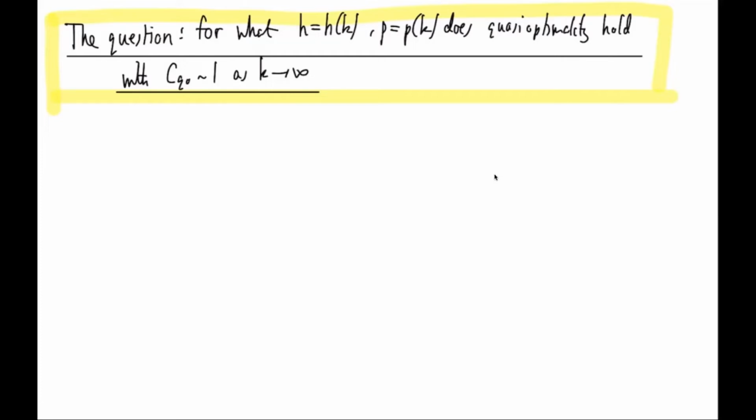1 over k. 1 over k. So that's exactly the answer I wanted you to say, Kirill. I'll pay you the money we arranged when you're back in Bath.